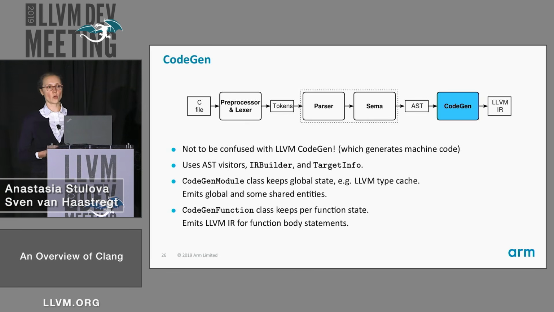So in order to avoid generating LLVM types over and over, we will use a type cache, and we will look up types and use them from the cache if they were already generated before. The CodeGenModule also emits global and shared entities, and the next key class is CodeGenFunction, which keeps state per function, and it generates function statements mainly.